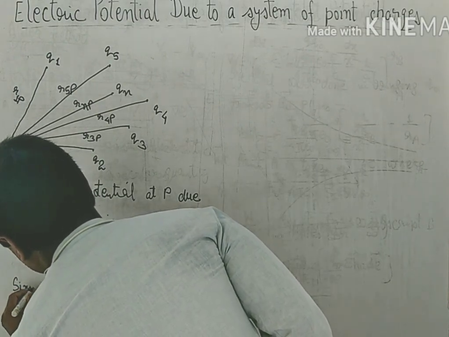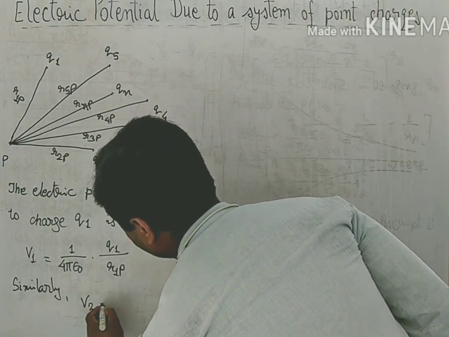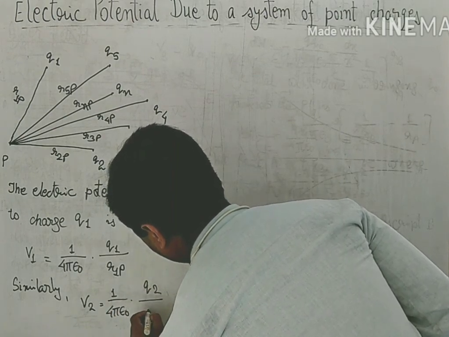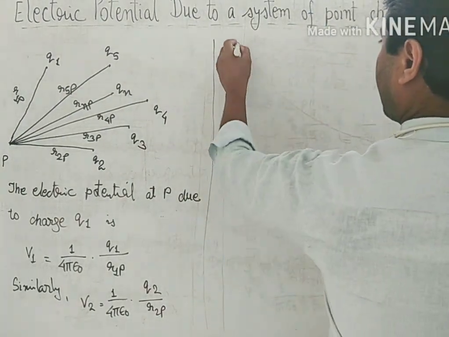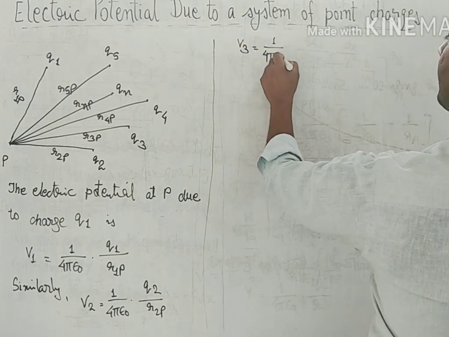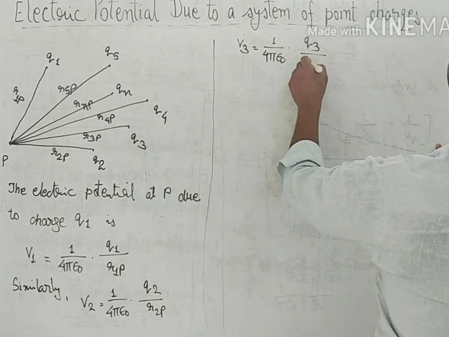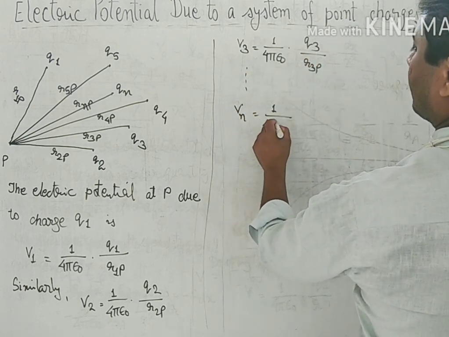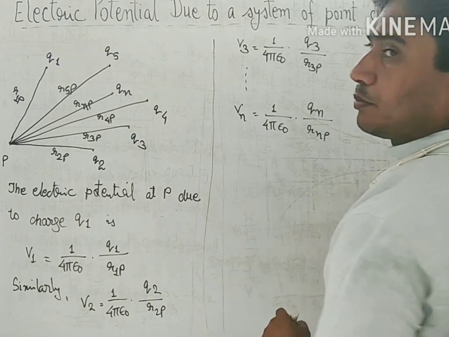So similarly, we can write V2 to be equal to 1 upon 4 pi epsilon naught Q2 upon R2P, and in a similar way we can have V3 to be 1 upon 4 pi epsilon naught Q3 upon R3P, and in the same way Vn equal to 1 upon 4 pi epsilon naught Qn upon RnP.